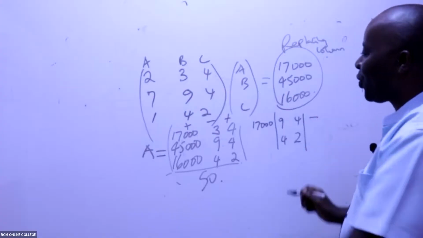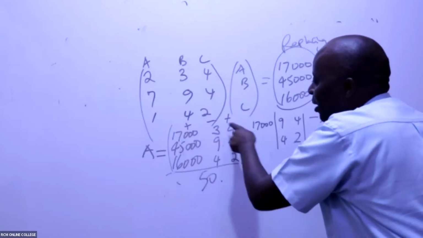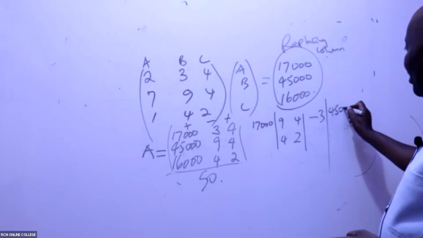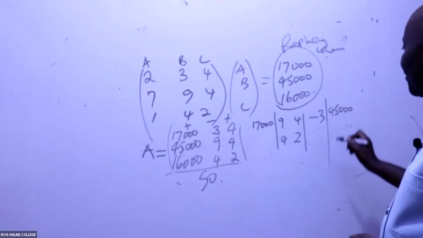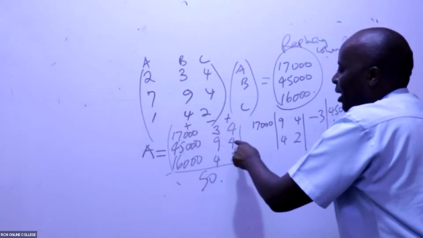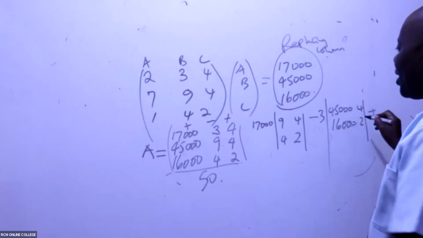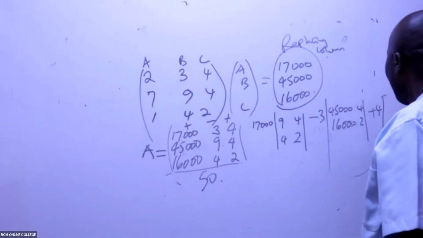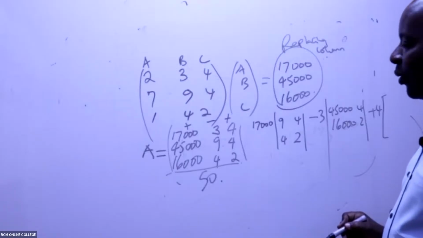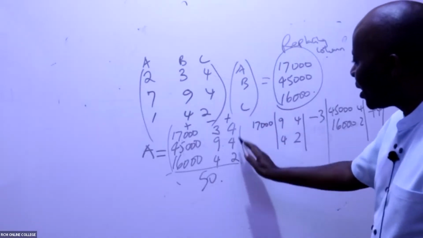Then we say minus 3, hide and seek. So I'm hiding this, I'm hiding that, and I'm able to see the numbers that will be left out: 45,000, 16,000. If I'm hiding this under this, I'm left with 4, 2 there. Plus, I have 4 there. The 4, ladies and gentlemen, we are hiding this under that.